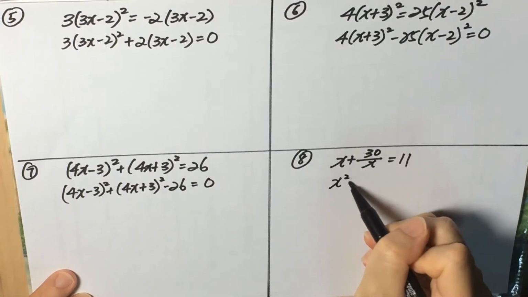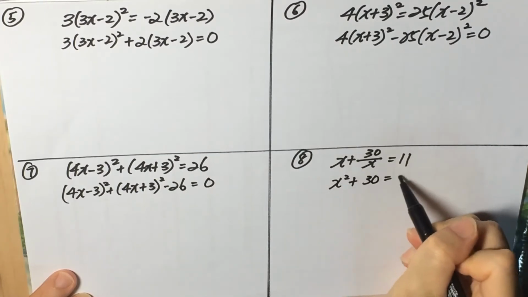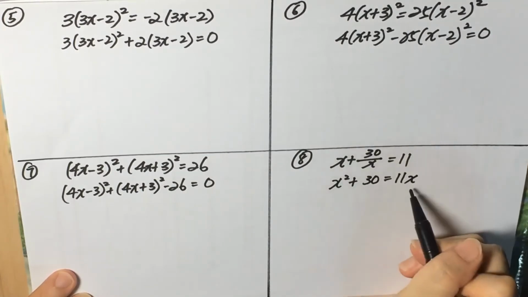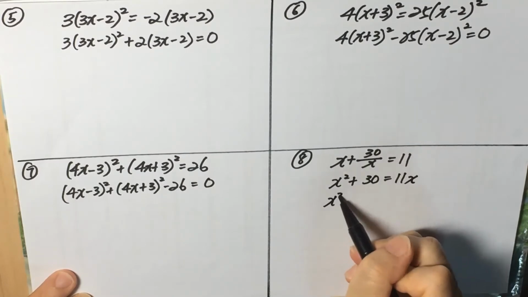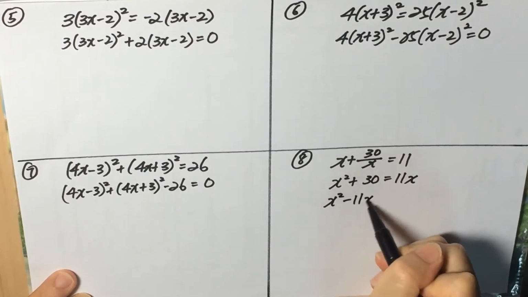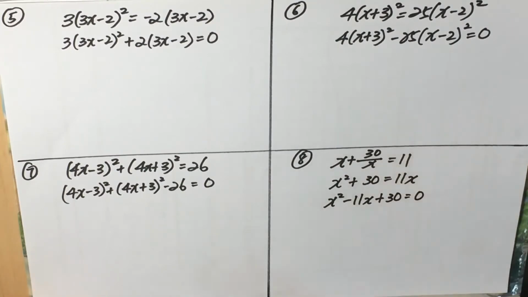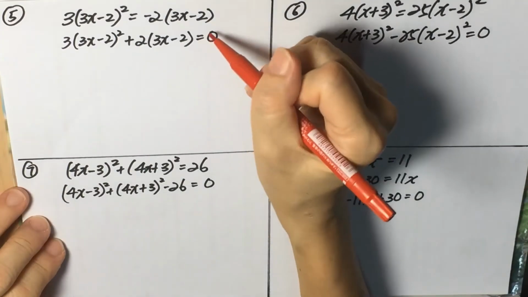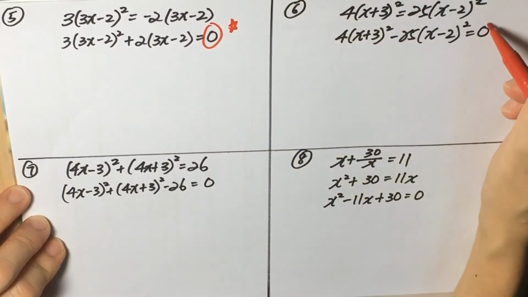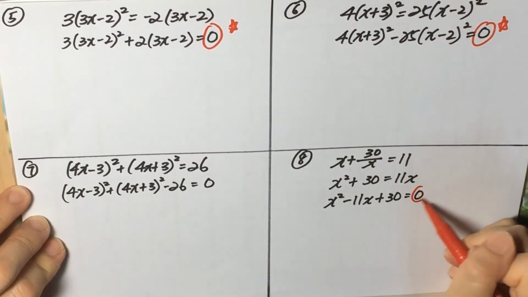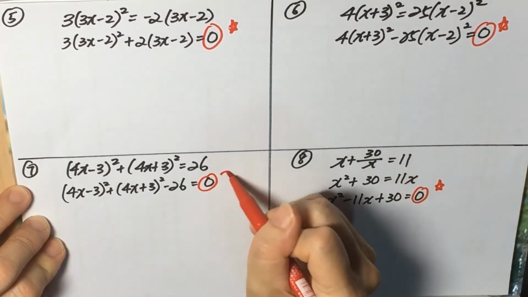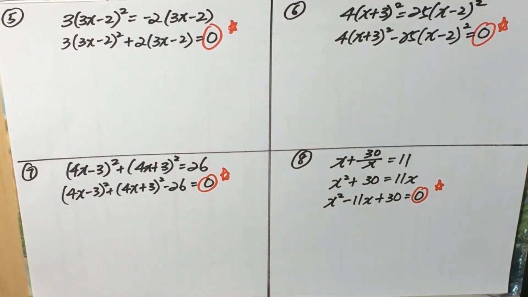So I'll get x squared plus 30 equals 11x. Rearrange all to one side, in descending order of x. So can you see that I now have 0 on one side of the equation for all these equations? This is the most important step that you have to make sure of.